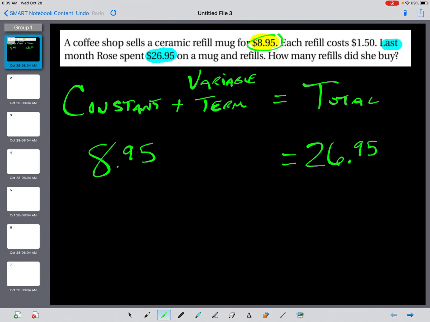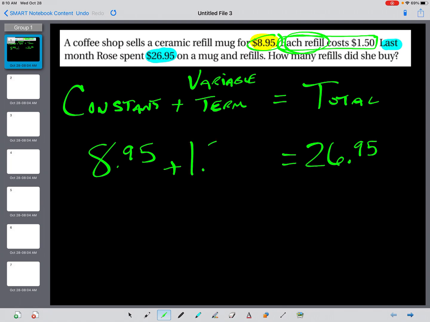And additionally, we know that each refill that she buys, and this is variable. Each refill, we don't know how many refills that she purchased, but we do know that they cost $1.50 each. And the $1.50 is going to be your coefficient.